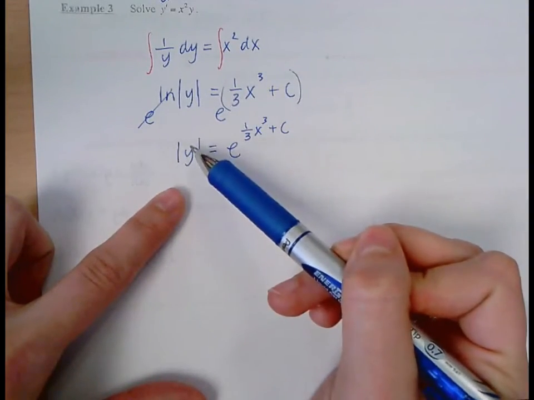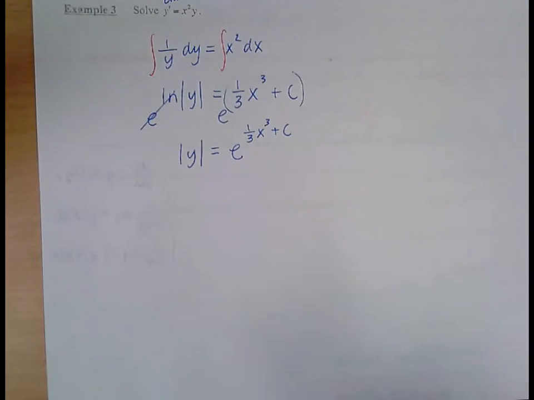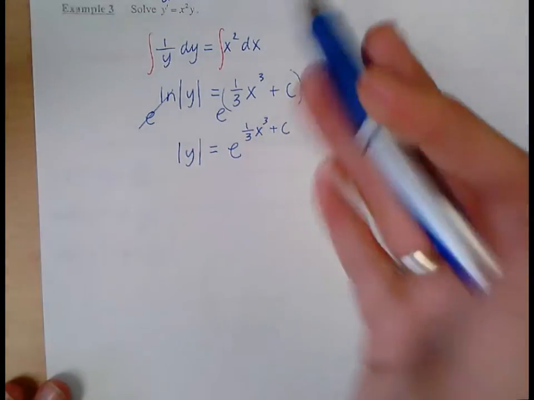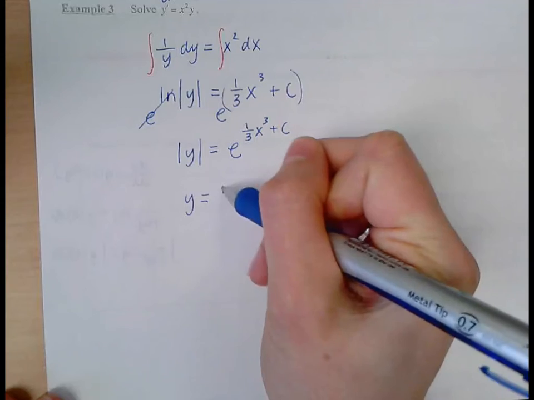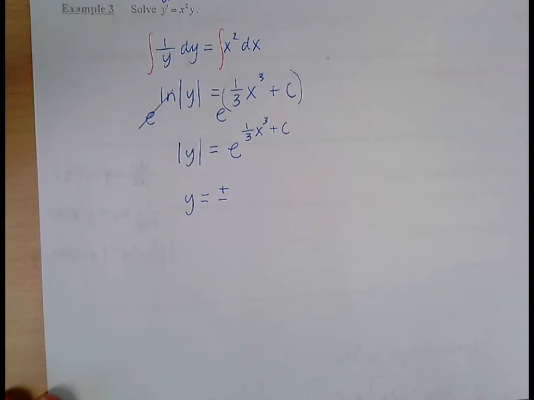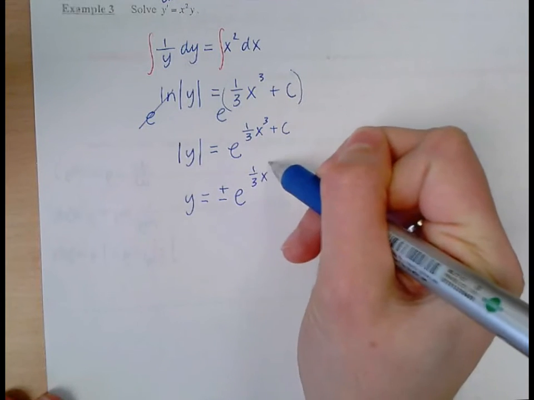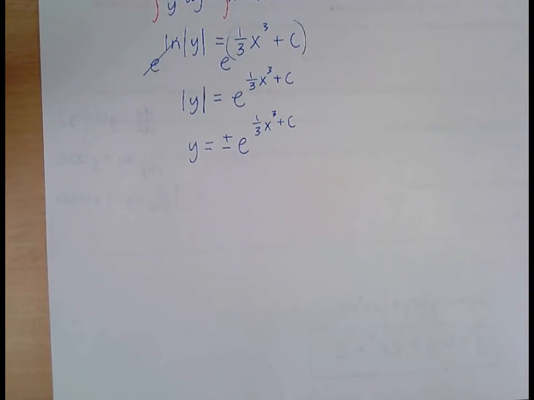To get rid of the absolute value, you include that this side could be positive or negative. So if I just put a y here instead of the absolute value, I would have a plus or minus on this side. So y equals plus or minus e to the 1/3 x cubed plus c. This still is not how they would show the answer.